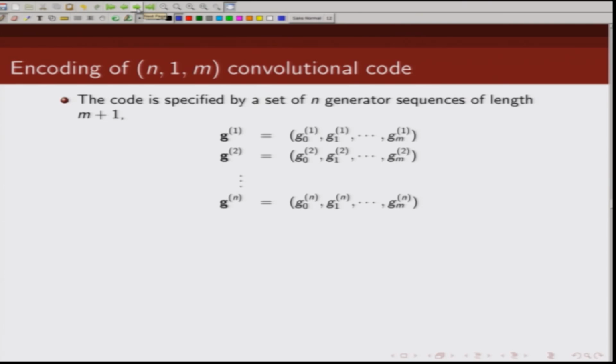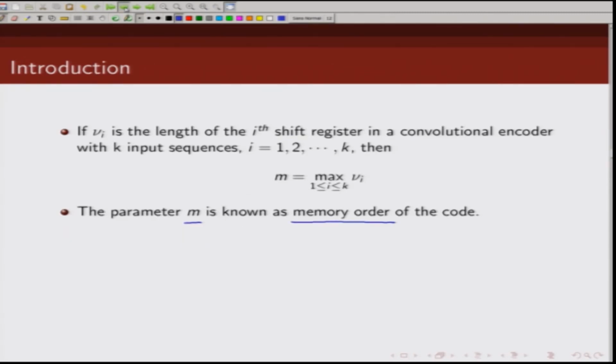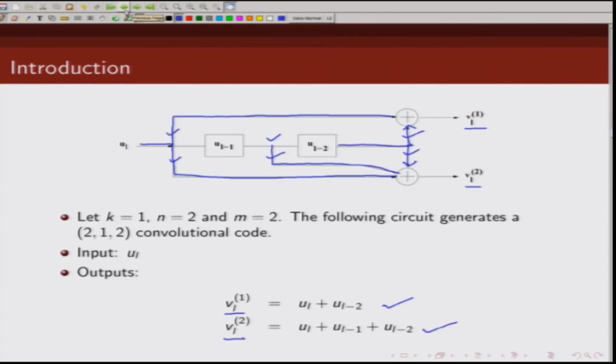Now, how do we generate these n bit vectors from this one input? If you go back to the example that we had shown, look at this example. How did we generate two coded bits corresponding to one information sequence?